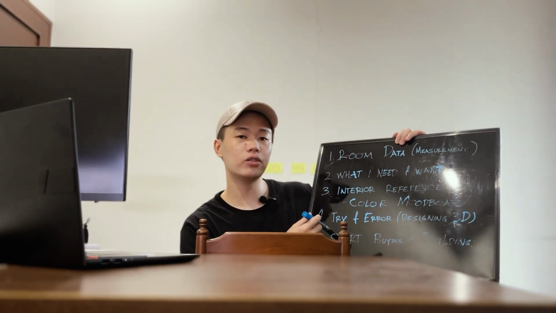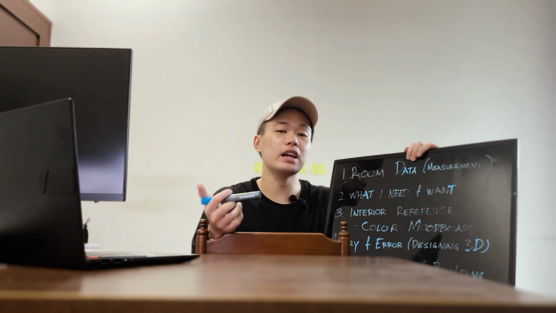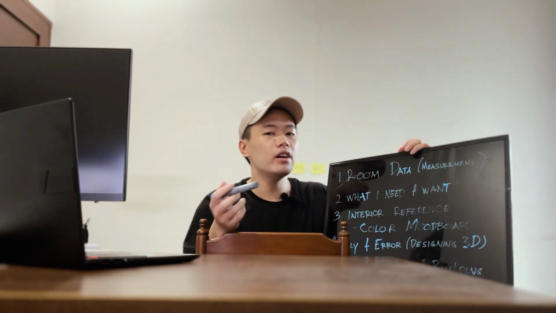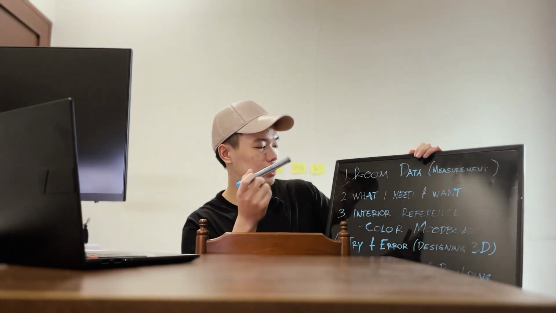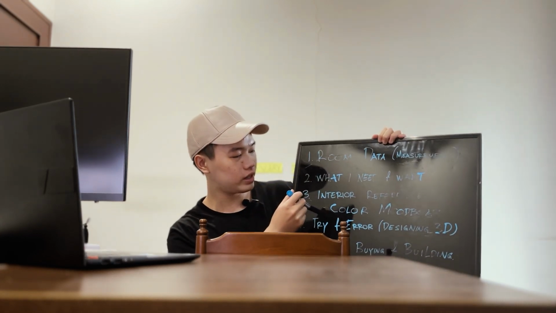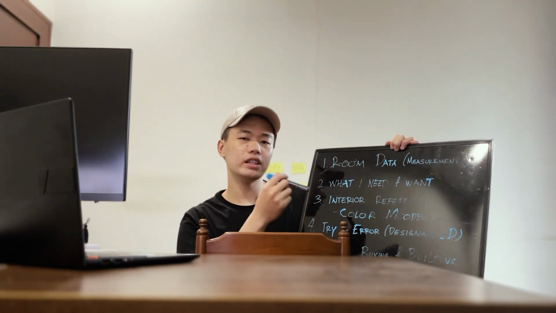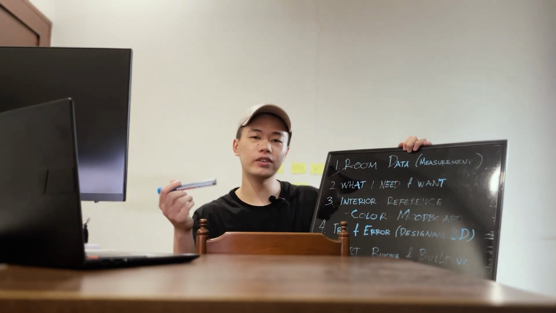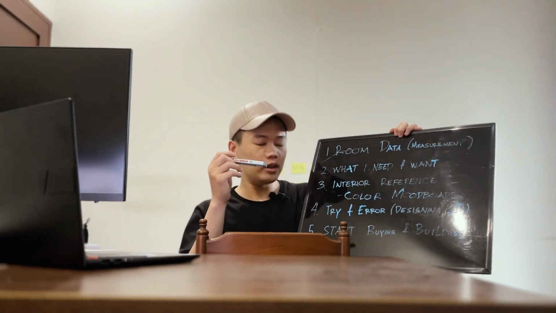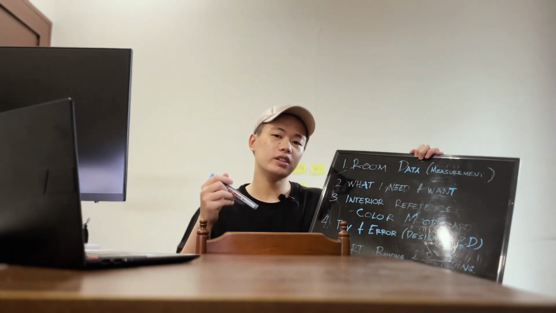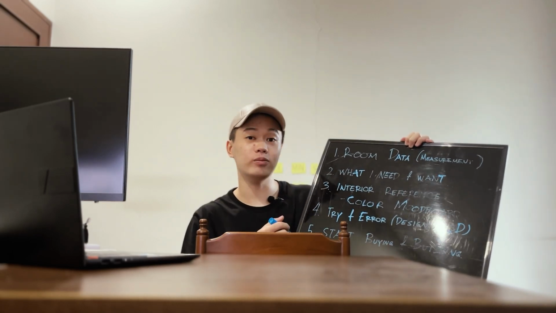In this phase, I will develop a few design ideas or alternatives from the data that I've gathered from number one and number two, and also number three from the interior design reference, ensuring the final result not only looks good but also enhances the user experience in the room.